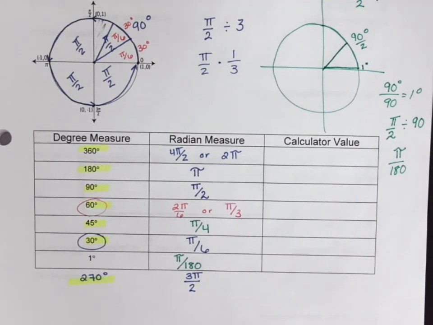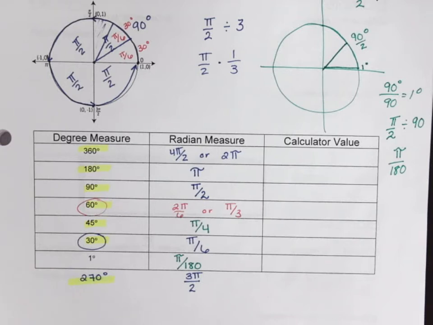There are a few more, but we'll get to those later. If you can do the first quadrant, then you can do all the other quadrants by mental math or understanding.